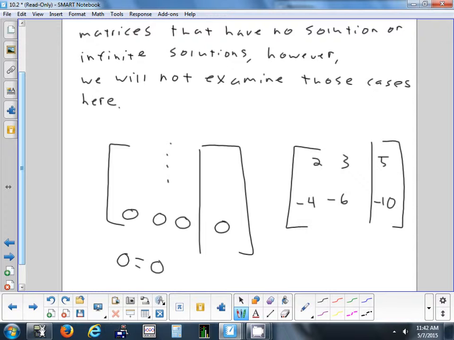This second row is a multiple of the first row. So if I took 2 times the first row and added it to the second, I'd have 4, 6, 10, negative 4, negative 6, negative 10. I'd get a row of zeros if I did what I just said. So that's infinitely many solutions, or in this case, they're the same line if you graph them.